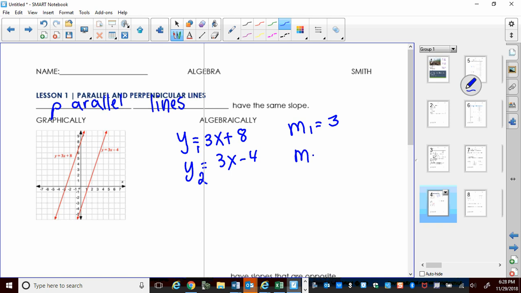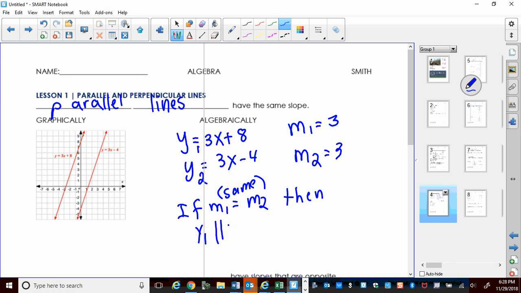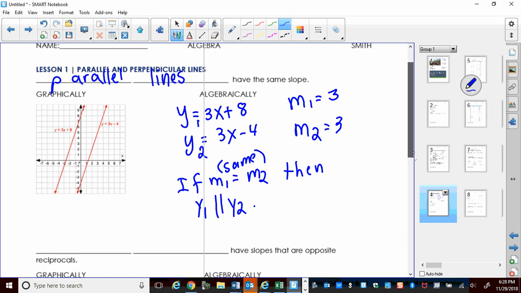The slope of equation 2 is 3. We can write a statement that says if m1 equals m2, so the same, then y1 is parallel to y2. That's our conclusion. Those are the facts.